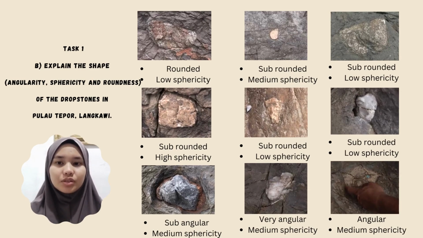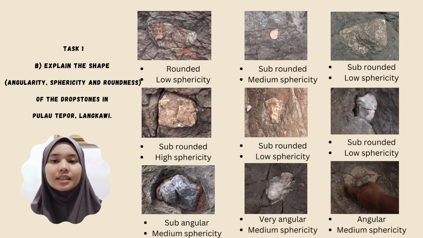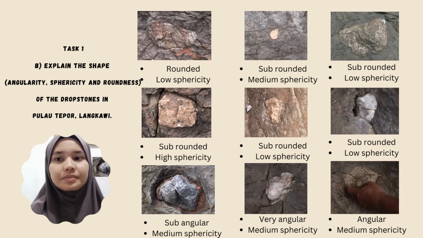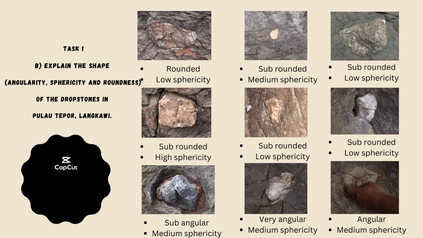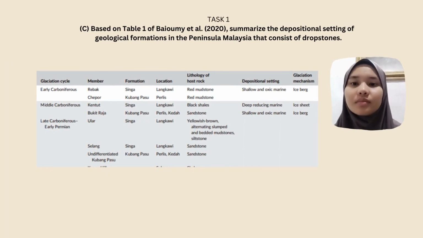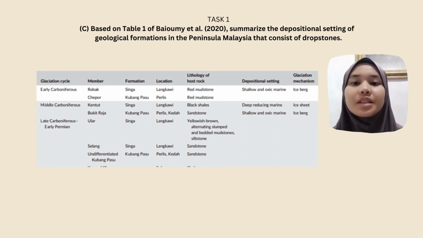Based on the video, the shape of dropstone is mostly sub-rounded to angular with high and low sphericity. For example, this structure is subangular with medium sphericity of shape. Based on the table, in the early Carboniferous, a robust member of the Singa Formation at Langkawi, dropstone can be found in the red mudstone.